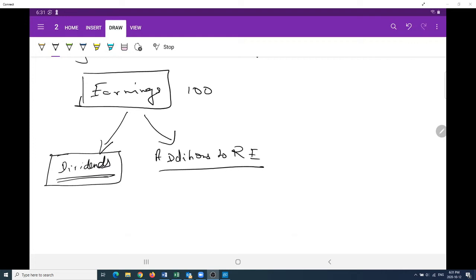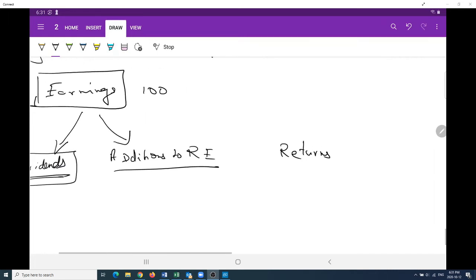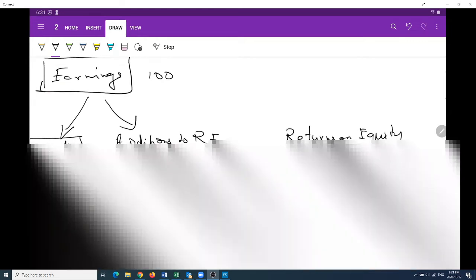And what is the return? Well, historically, if you can assume that whatever money you put back in, the firm can earn its returns on equity, or ROE. So that will be the return which you'll be earning in some sense. Okay?